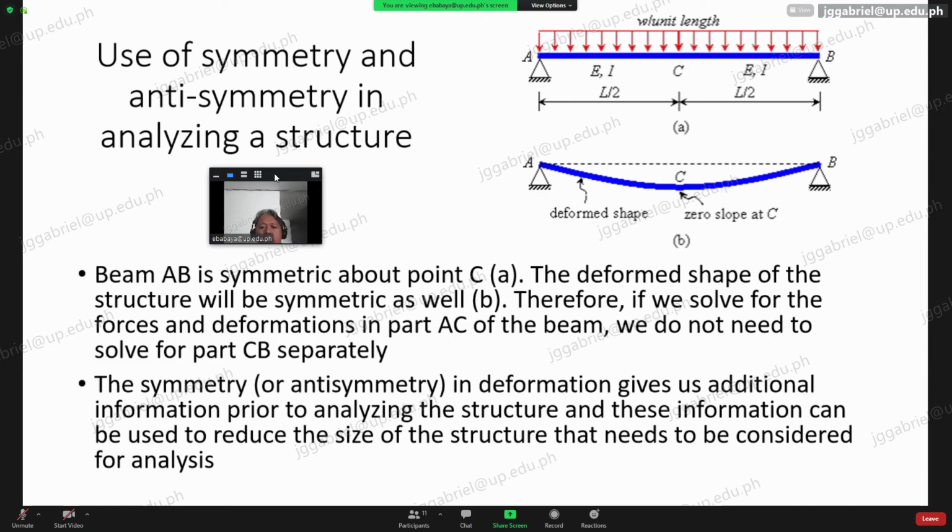Actually, we did this already, no? Doon sa computations of the spacings of stirrups. If we see in the shear diagram, in that case we have antisymmetry, no?